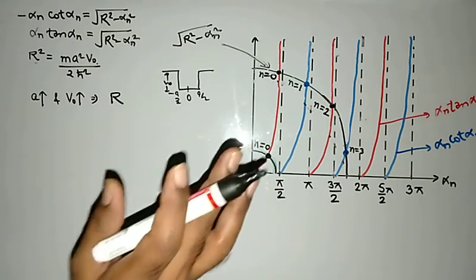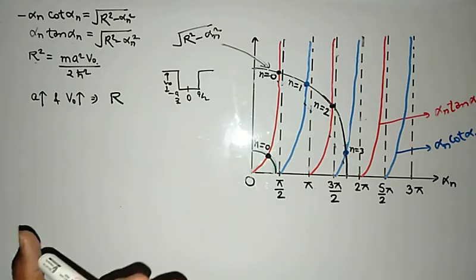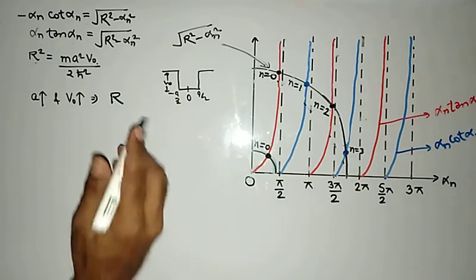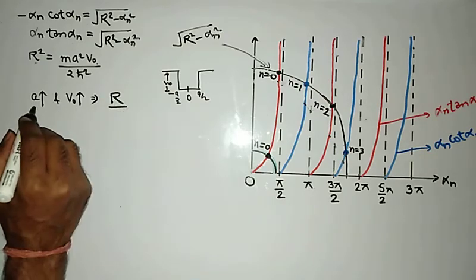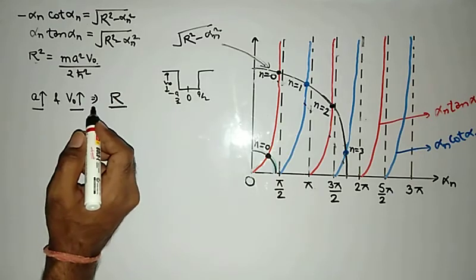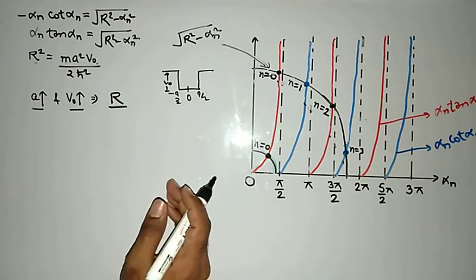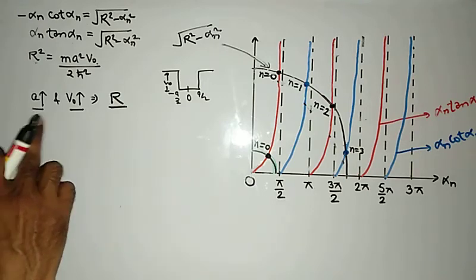So, the number of solutions, or number of bound states, depends on R, which depends on A and V naught. This is how there is variation in bound states, which depends on A and V naught.